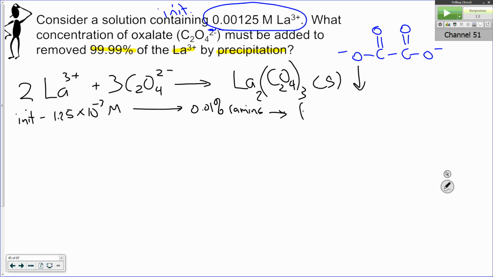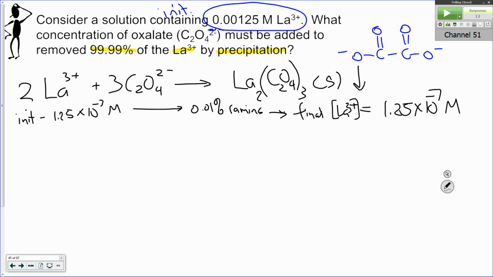So that means my final concentration of the lanthanum 3+ is equal to the original concentration times 0.01%. So convert 0.01% into a decimal. That's 1 times 10 to the minus 4th, so 1 times 10 to the minus 4th times its original concentration. If I did my math right in my head, it's 1.25 times 10 to the minus 7th molar.